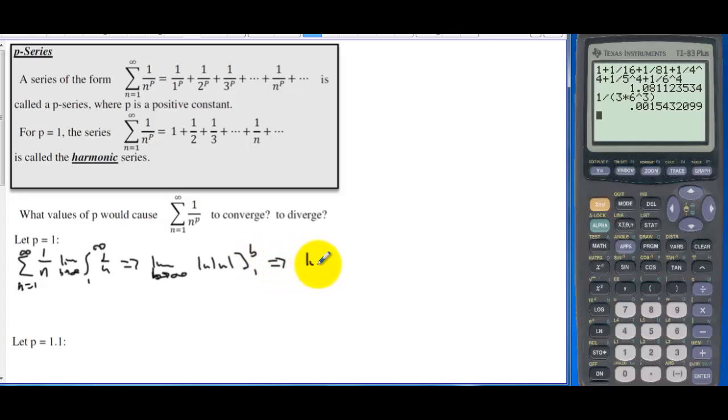And that's the limit as b approaches infinity of natural log of the absolute value of b and then minus natural log of the absolute value of 1. Now this is 0, but if we're going to plug infinity into this, natural log of infinity, that's shooting off to infinity, so this diverges. The harmonic series diverges.